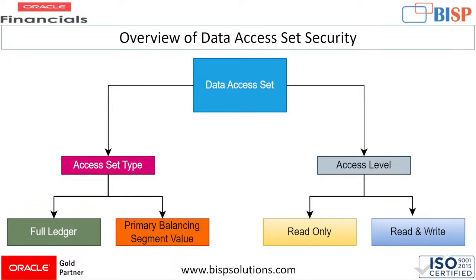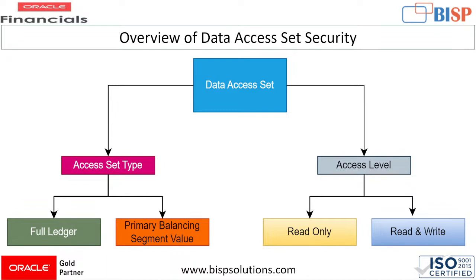So you can combine the ledger and ledger set assignment in a single data access set if the ledger shares a common chart of accounts and calendar. It's very important, if the ledgers share a common chart of accounts and calendar.